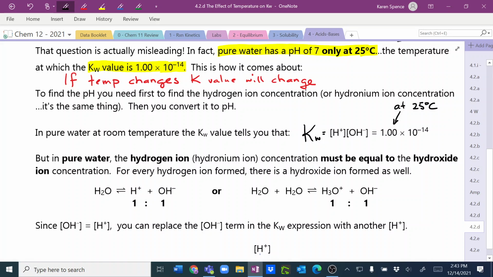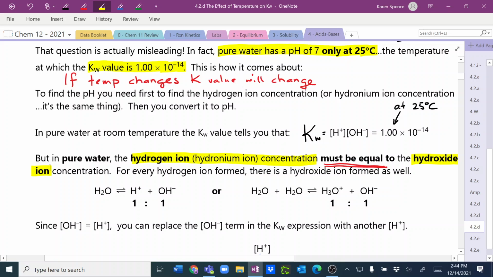Now, because this is pure water, we know that the concentration of hydrogen is equal to what? Because it's pure water, hydrogen is equal to hydroxide.